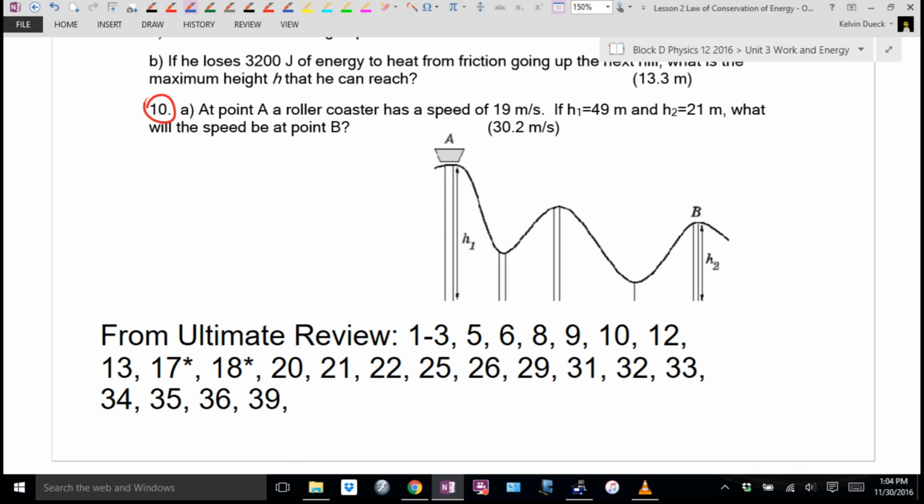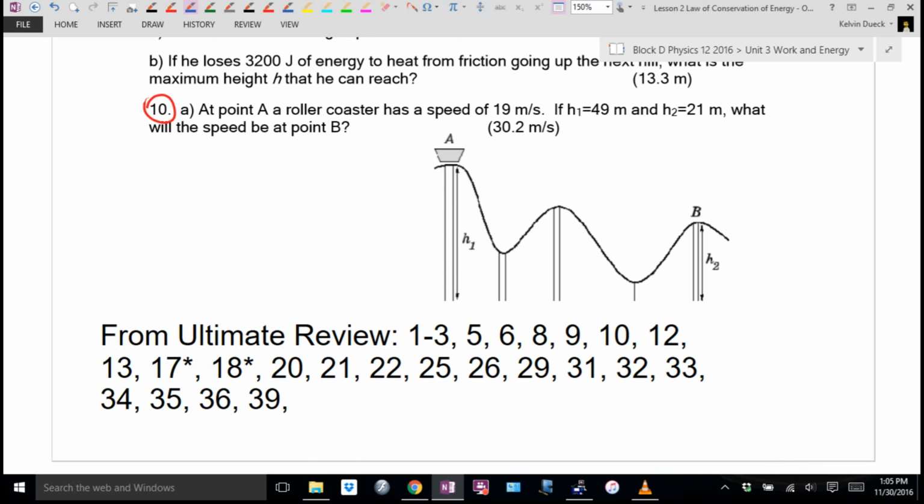1 to 3, 5, 6, 8, 9, 10, 12, 13, 17 with a star, 18 with a star.